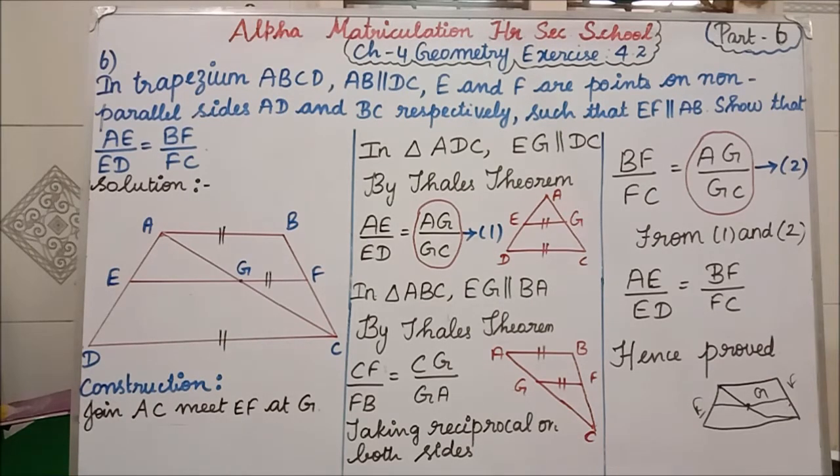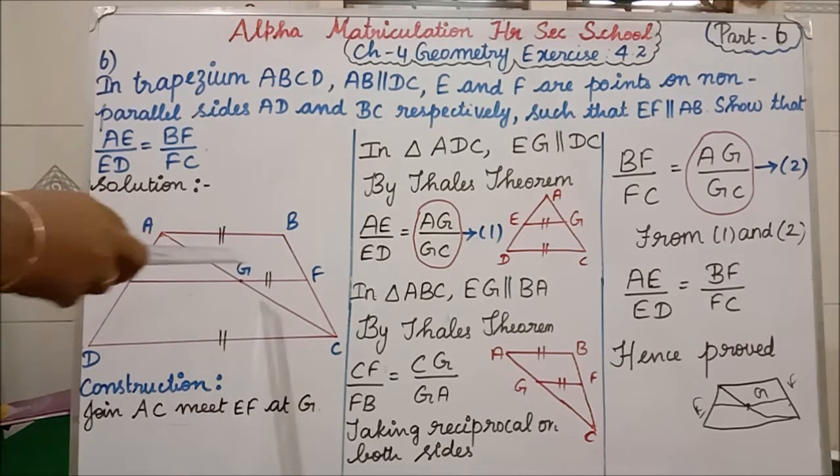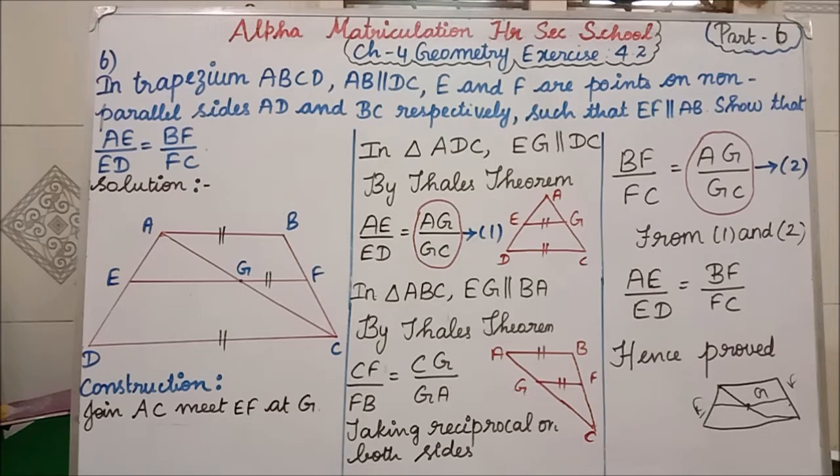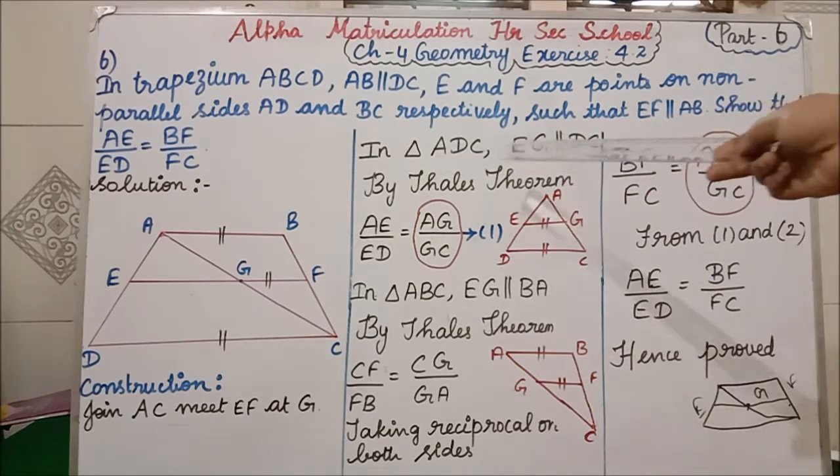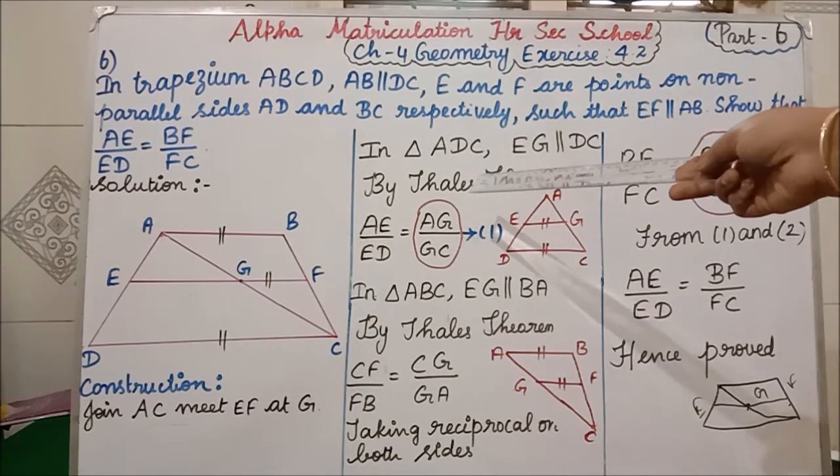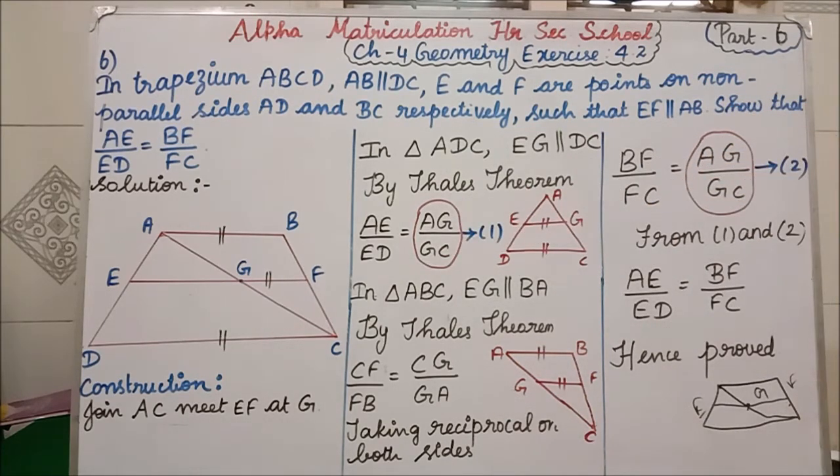After joining this line AC, we now have two triangles. Isn't it? In the first triangle, ADC, which I have written here, what are the two parallel lines? Here, this half only we are taking. So EG is parallel to the base DC. Clear?